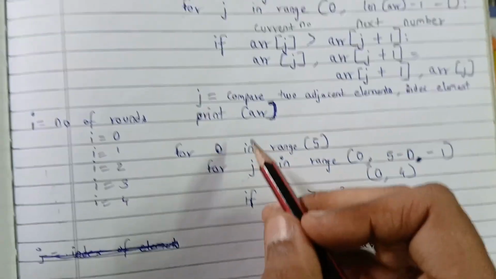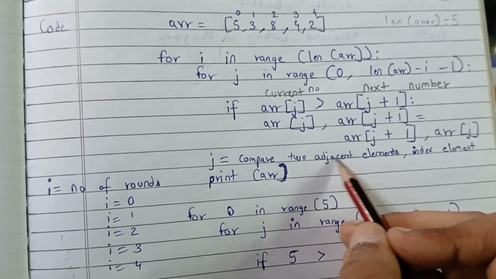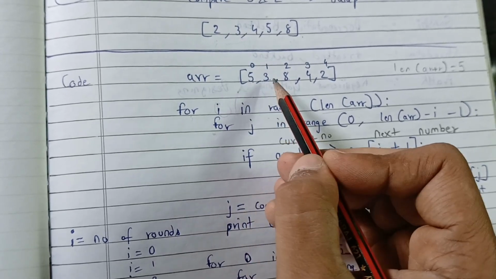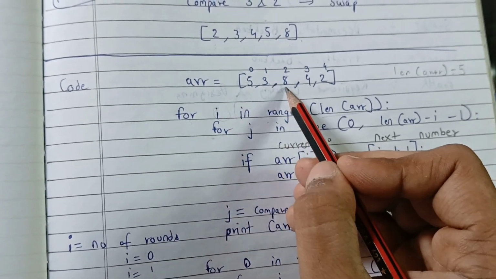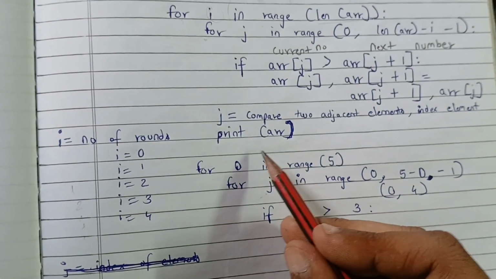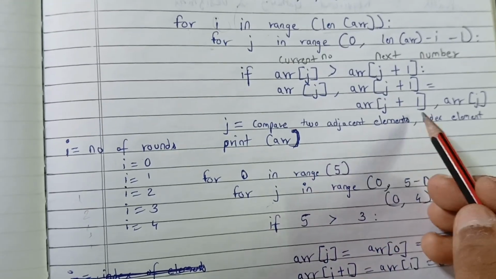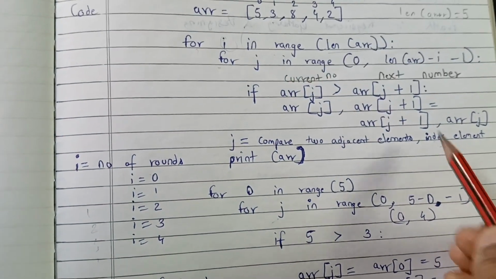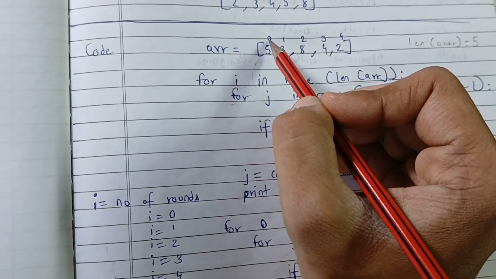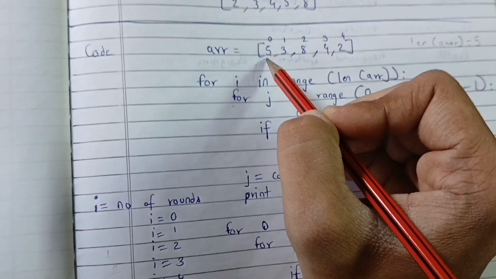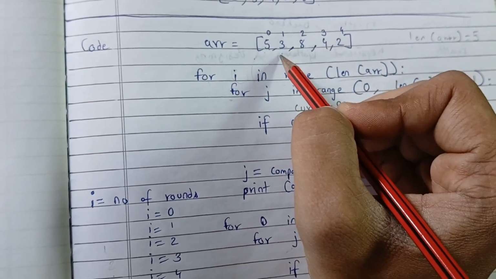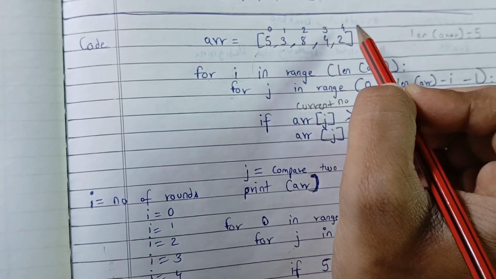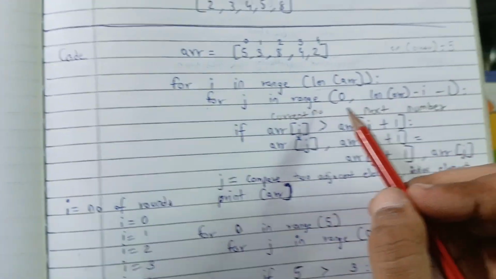Here for i in range is 5. j is used for comparing adjacent elements. Adjacent elements are like 5 and 3, then 3 and 8, then 8 and 4. So j can be the index of the element being compared. For example, array 0 is 5, array 1 is 3, array 2 is 8, array 3 is 4, array 4 is 2.